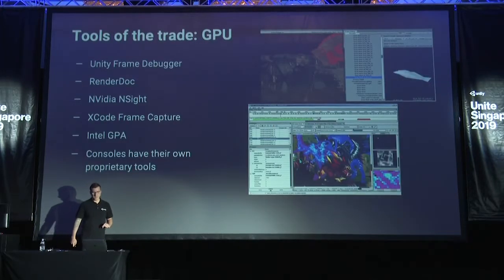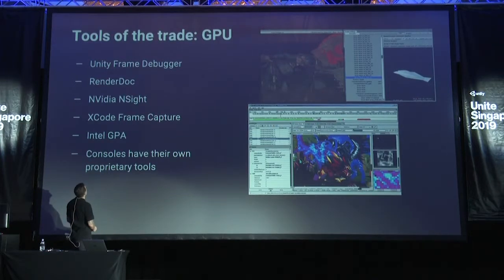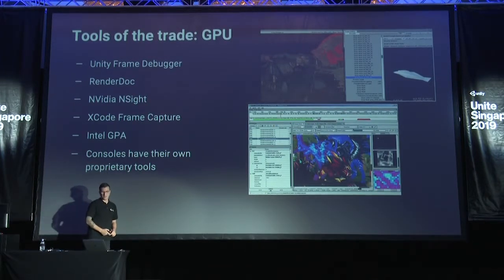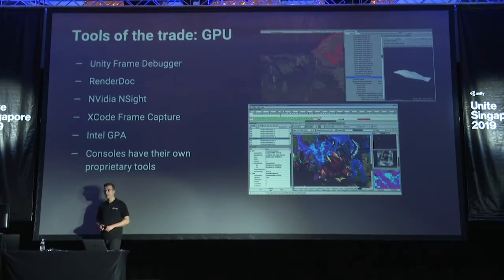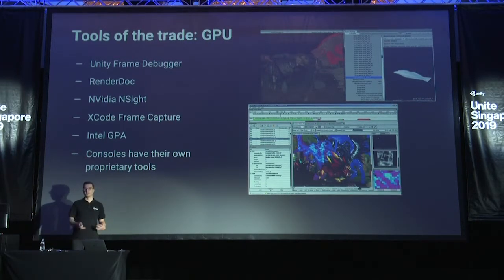And the tools that we can use, I'm going to recommend definitely the Unity Frame Debugger and Xcode Frame Capture if you are working on iOS. And again, if you work on consoles, let's say Nintendo Switch, PlayStation 4, you will have some different tools that I can't mention in this talk because of all the NDAs.